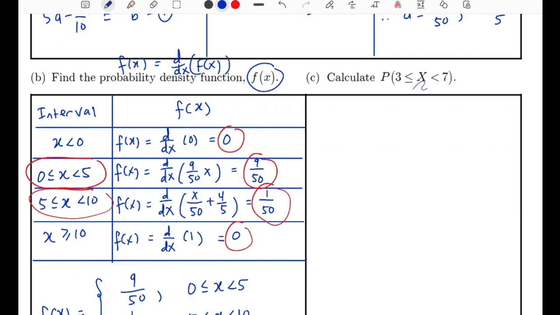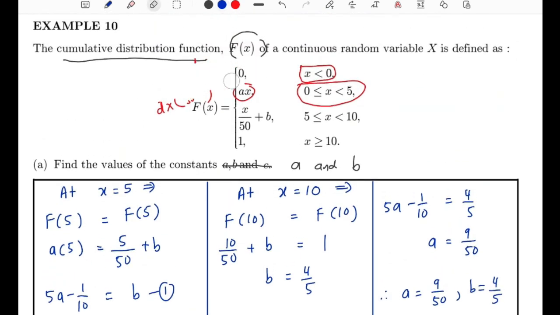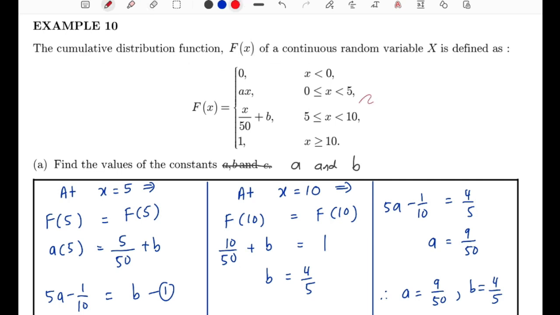Next, C, calculate the probability from 3 to 7. So I'm going to use the cumulative distribution function, it's going to be F7 minus F3. F7 means I'm going to substitute 7 into the cumulative distribution function, but then I need to check which function 7 lies on. So 7 lies here, so I need to substitute 7 in this function.